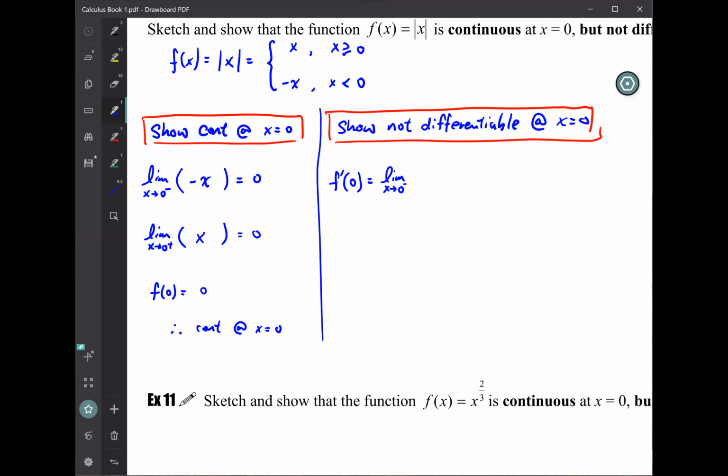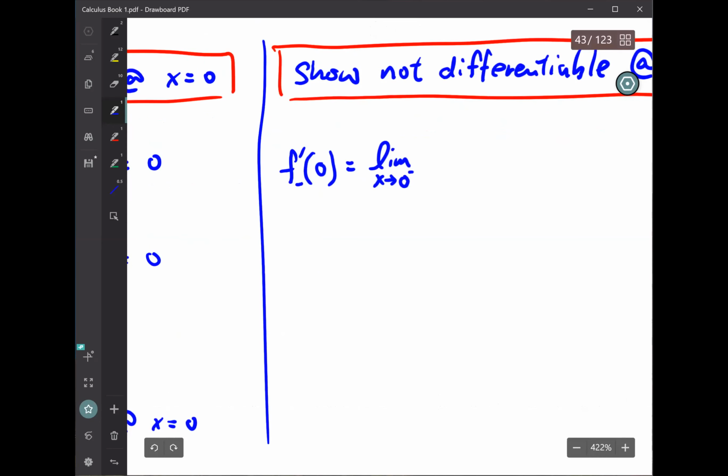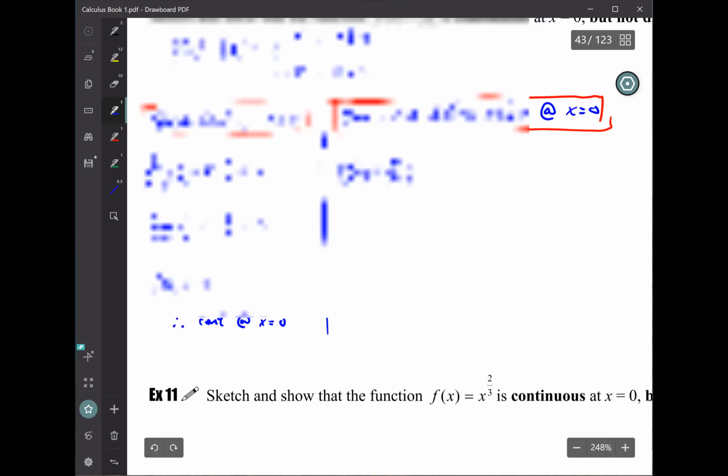Okay, and to show that the derivative is from the left, we will also add a little negative. Do you see it? We have negative at the bottom corner of f, which means it's the derivative from the left side of 0. And then the definition is still the same.